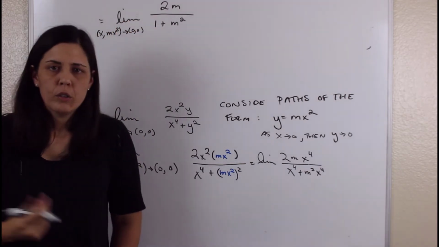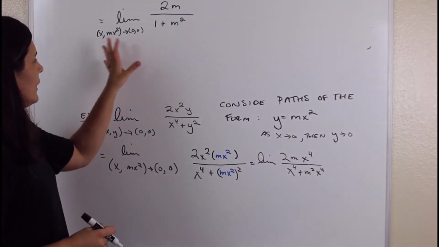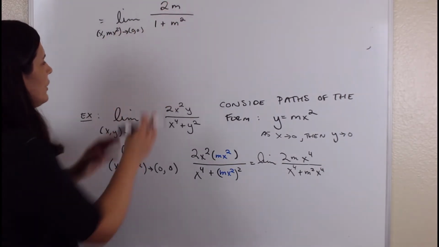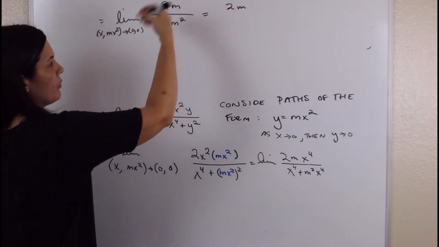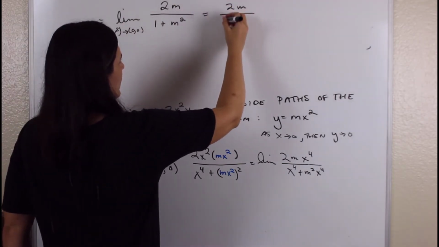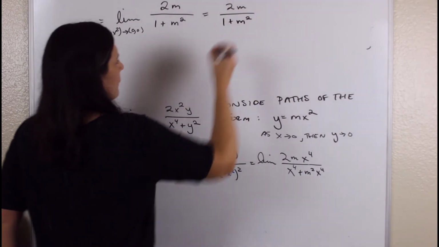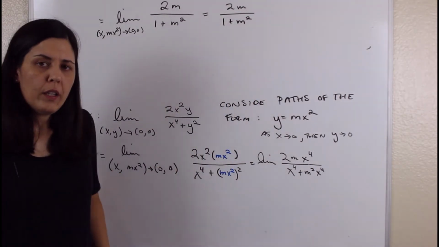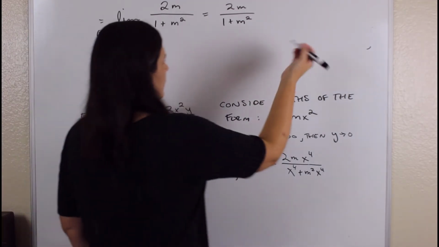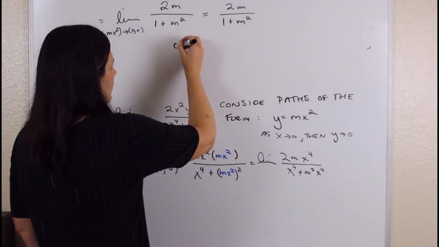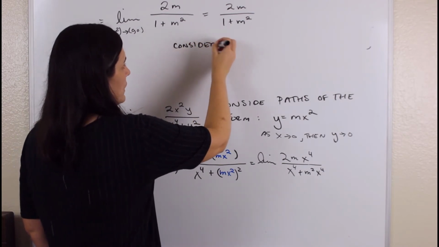Okay, so what does this say? Notice that there's no more x's left, so this actually just equals this. If we try to plug in 0 for x, there's no x's remaining. So this is 2m over 1 plus m squared. And so you have to sort of just say, well, what does this mean? This is my limit. This should be L. But consider two specific paths.